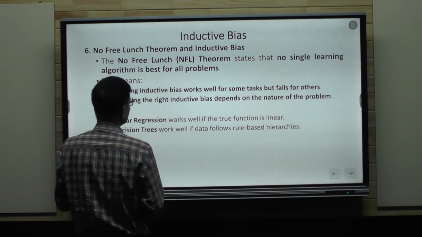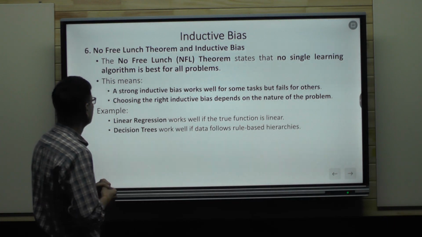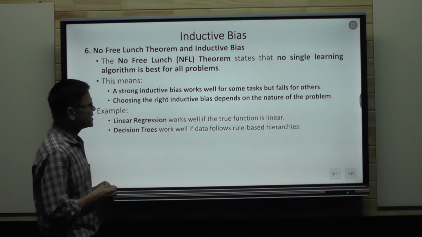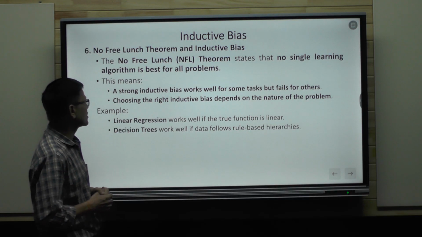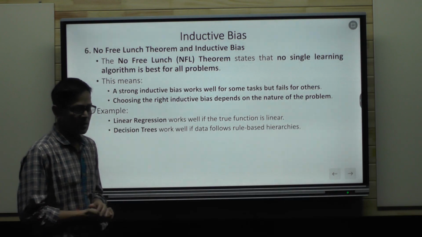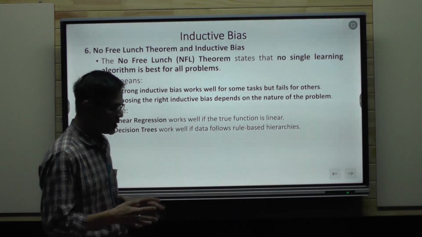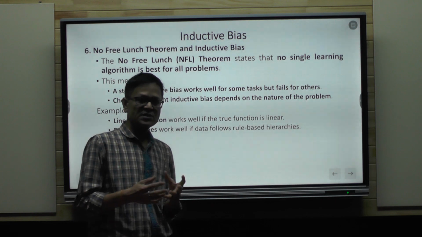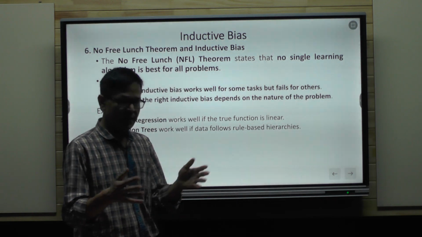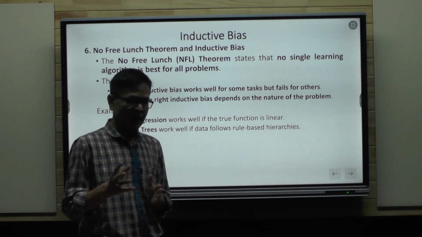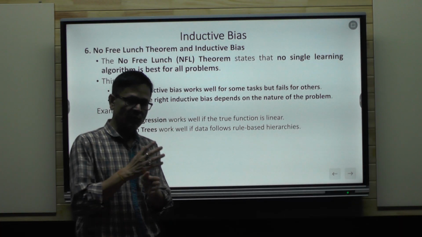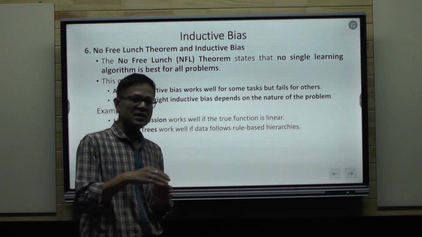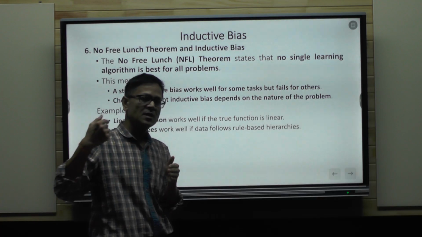The no free lunch theorem and inductive bias. The no free lunch theorem states that no single learning algorithm is best for all problems. It's obvious that particular kinds of algorithms or models prefer certain kinds of data. If the data is suited to that model, then that model outperforms the other models.